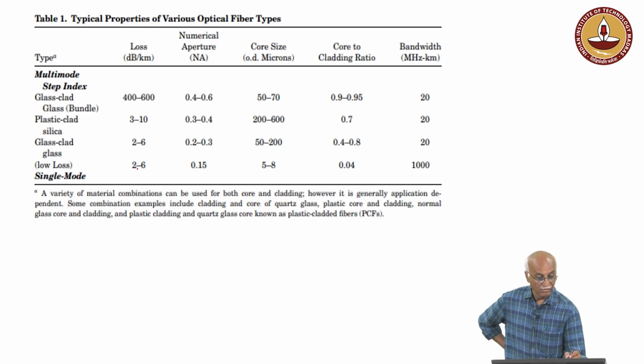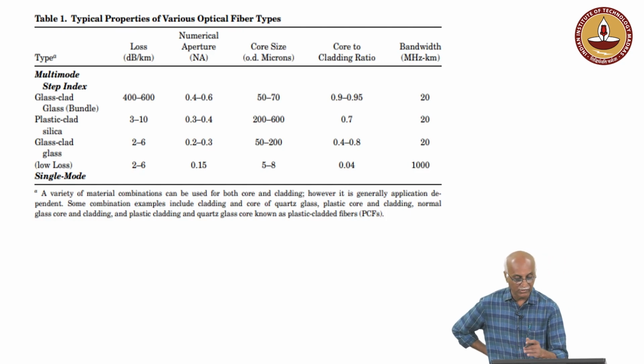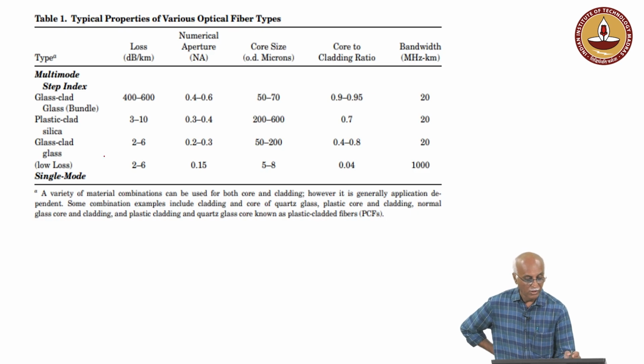Over and above, depending upon wavelength also the losses will be different. I showed in the previous slide some approximate values, although the wavelengths are not mentioned here. This may be the visible range.